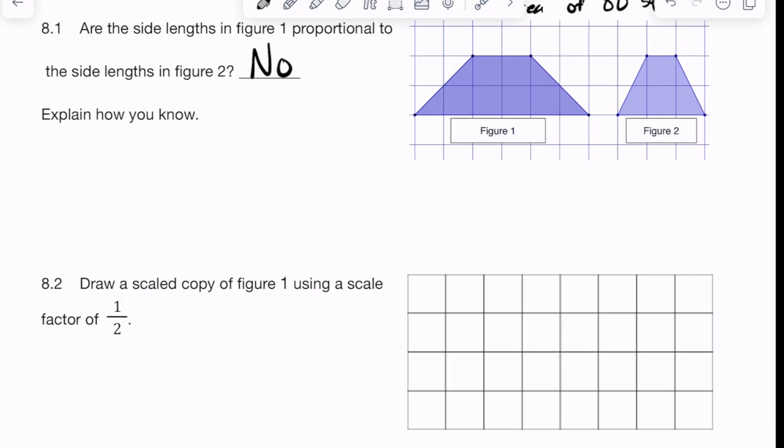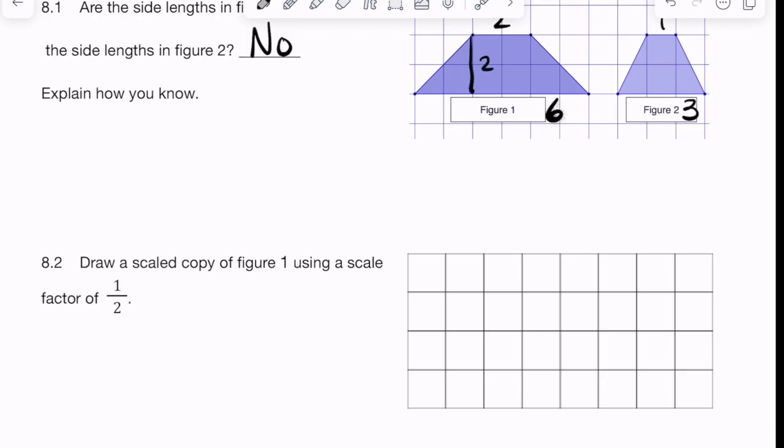How do I know that exactly? So down here, this is 6 units. The base is 6 in the original. Okay, and it's 3 down here. This is 2 and this is 1, so those look promising. But then when we compare the height, this has a height of 2 units and this is a height of 2 units.